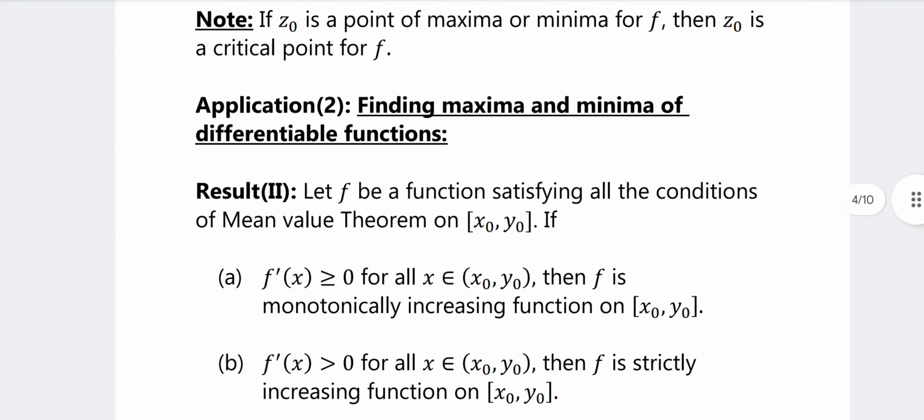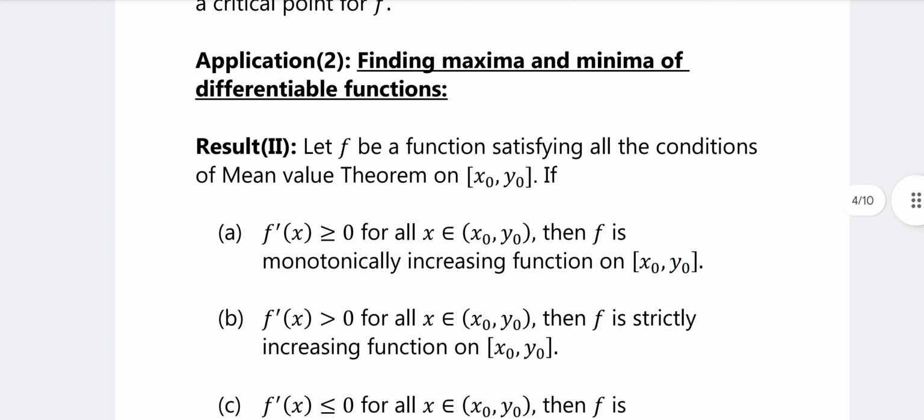We are going to see the second application, finding maxima and minima of a differentiable function. This is the second application of the mean value theorem. Let f be a function satisfying all the conditions of the mean value theorem.